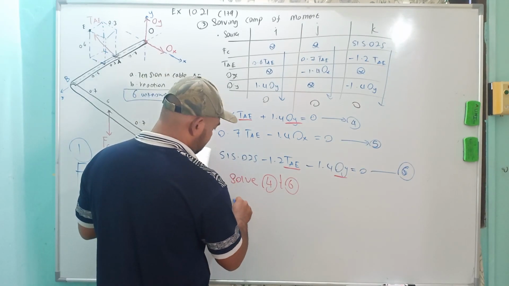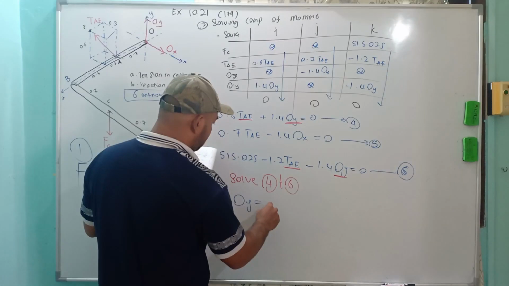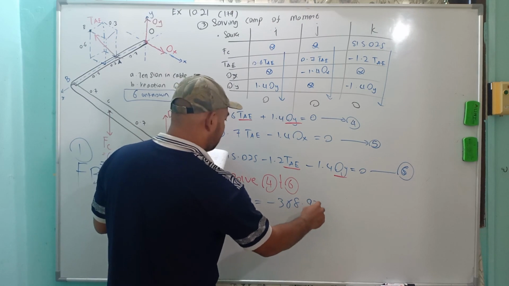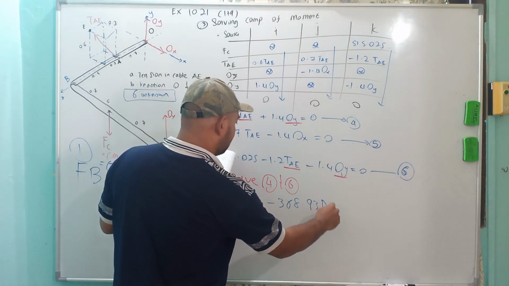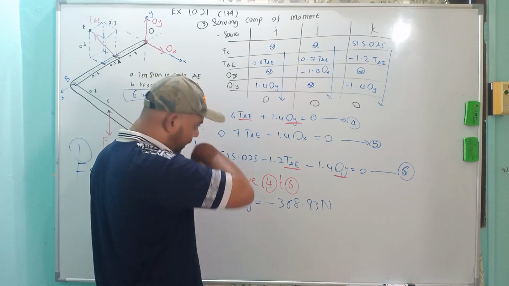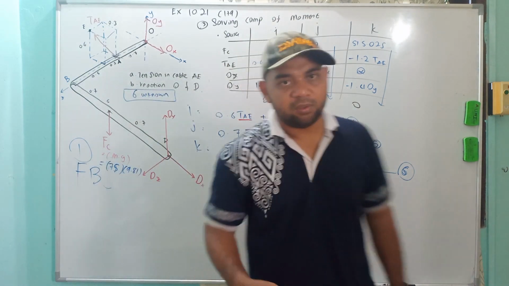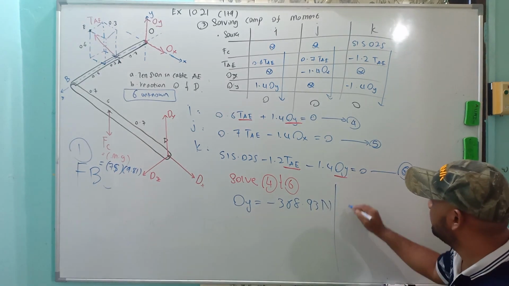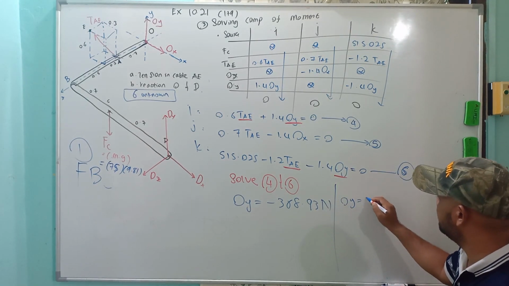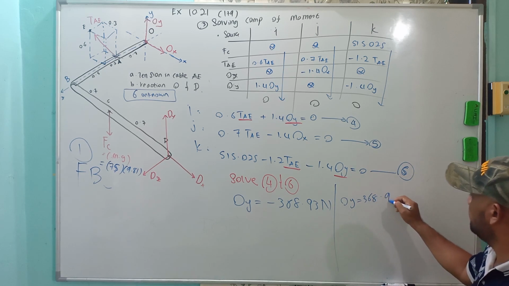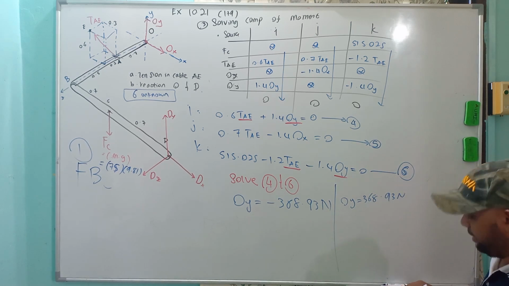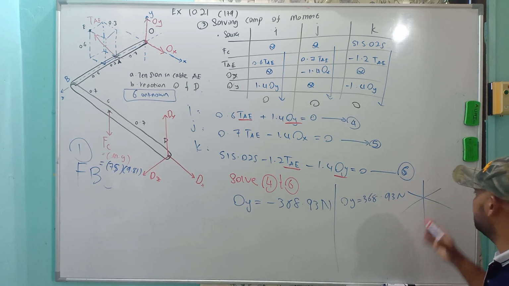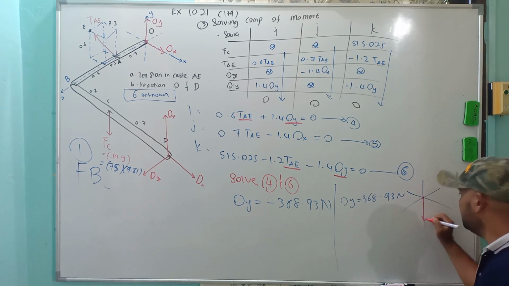OY equal to negative 368.93 Newton. Okay, this is OY, which, if we want to translate this, OY is actually 368.93 Newton, and the direction will be downward.